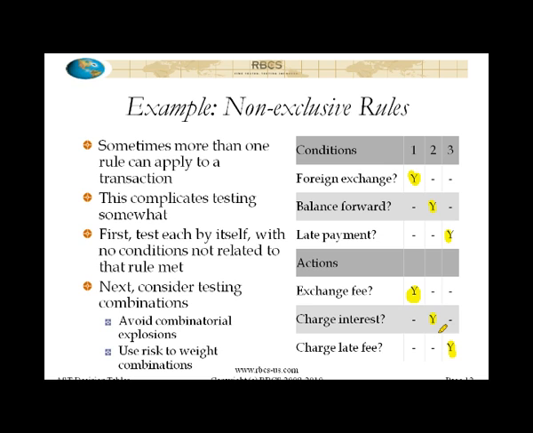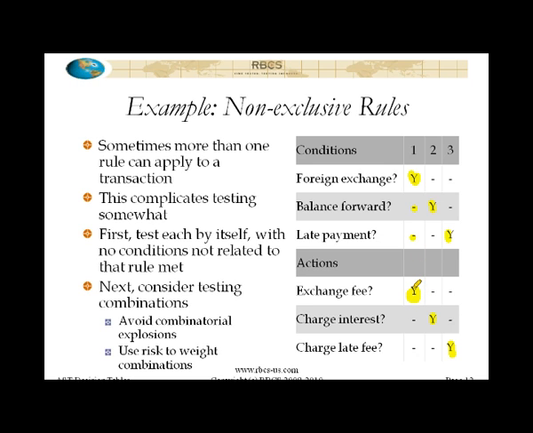So what you want to typically do is first you test every rule by itself. And you do it completely independently, so that no conditions that are not related to that rule are met. In other words, there can't be any situation where some other condition that is not specified in the rule, one of these dash guys, inadvertently is responsible for triggering the action.